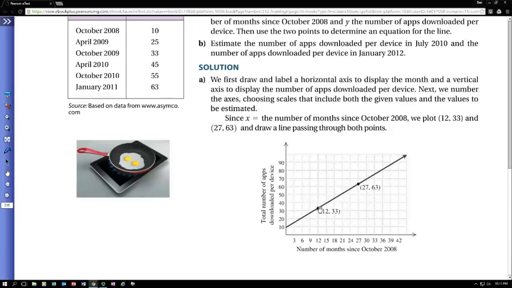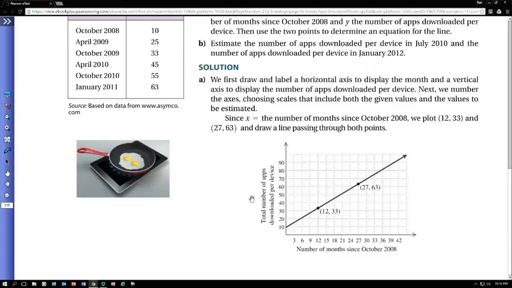There are pretty good reasons to take the middle of the data, because these are very possibly not going to be linear. In fact, they are not really linear. What we're trying to do is get a trend. So they take the middle and the end of this data, and they take those ordered pairs. So we could graph that, take a straight edge, and put a line through that.